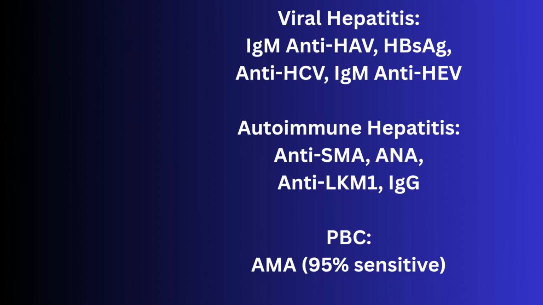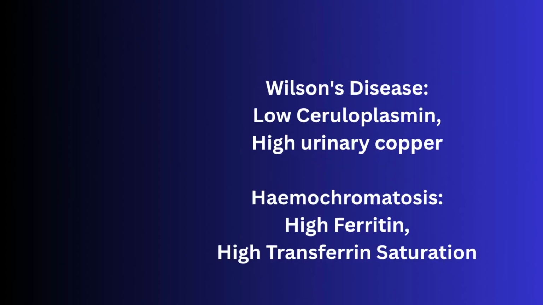PBC: anti-mitochondrial antibody, AMA, 95% sensitive. Wilson's disease: low ceruloplasmin and elevated urinary copper. Hemochromatosis: elevated ferritin and transferrin saturation.